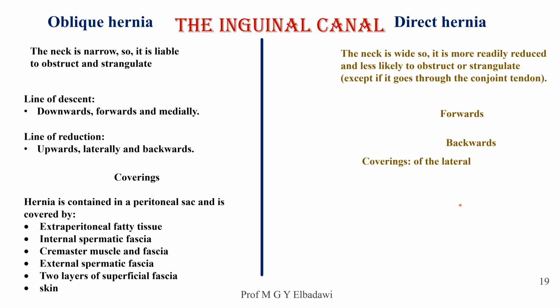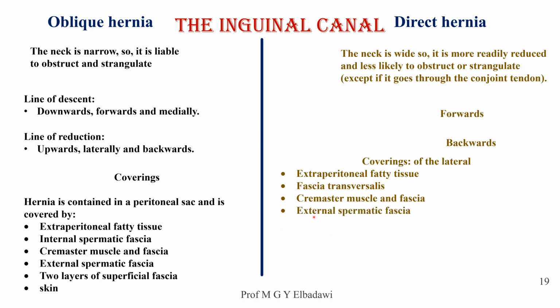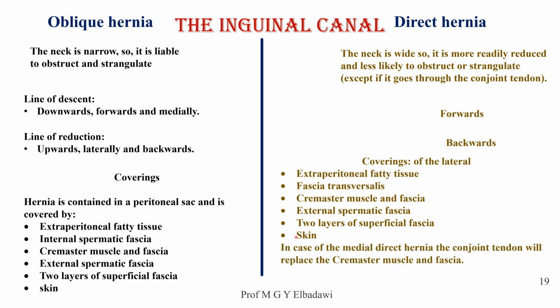In the direct hernia, the covering for the lateral one will be the extraperitoneal fatty tissue, fascia transversalis, cremasteric muscle and fascia, the external spermatic fascia, the two layers of superficial fascia and skin. For the medial hernia, the conjoined tendon will replace the cremasteric muscle and fascia in the covering.